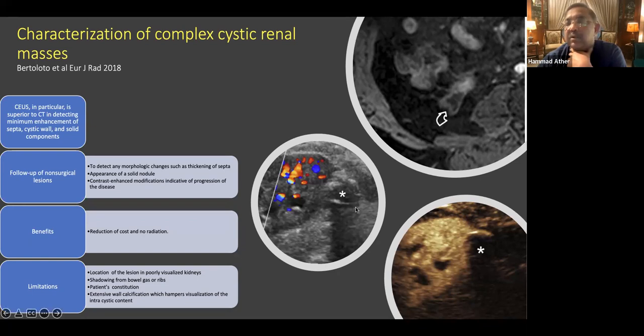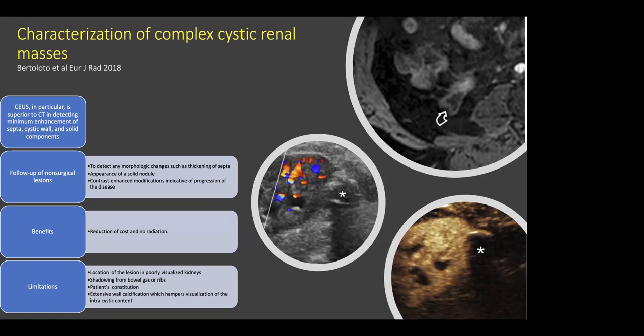So Basit, can you explain a little further about this limitation, which is, I think, a generic limitation of ultrasound but is also seen in contrast-enhanced ultrasound? Yes, as you said, because of these dense calcifications, the transmission of ultrasound waves is hampered because they get reflected.